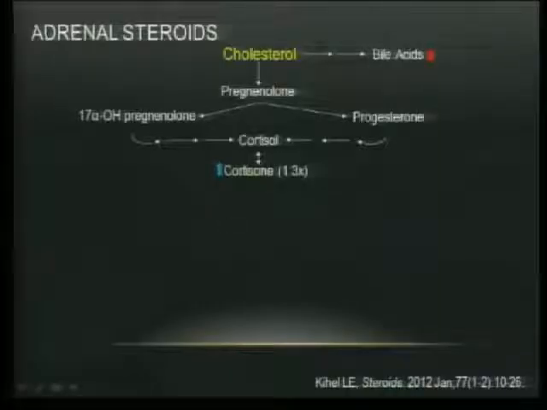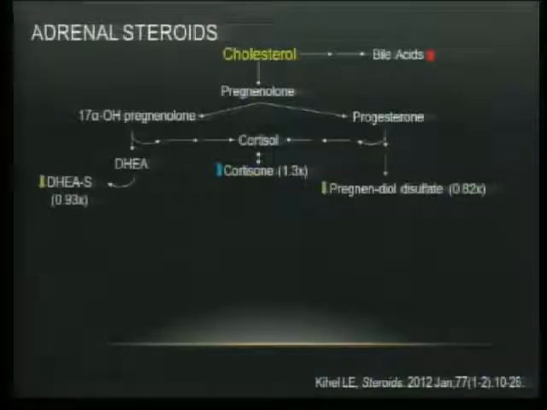We saw a slight increase in cortisone, 30%, but this was non-significant. And we also saw a decrease in DHEAS, but no change in DHEA. This kind of makes sense, that we would see a change in the sulfated form, because the sulfated form circulates at about 300 times higher levels than the non-sulfated.